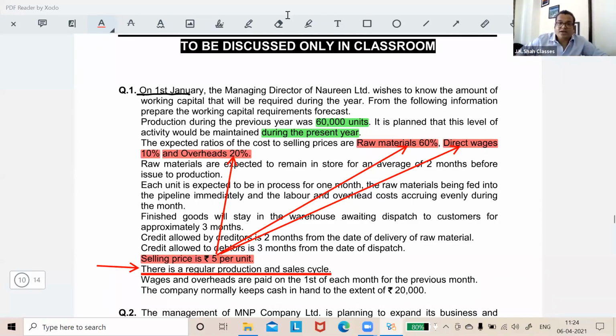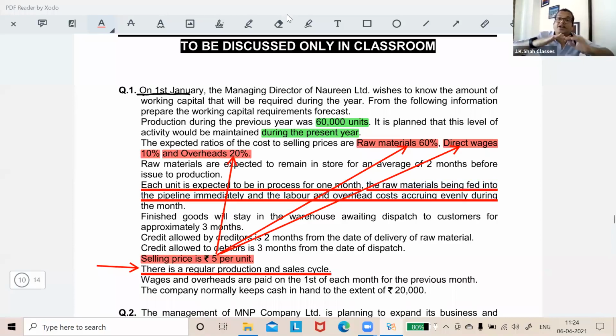Raw material to remain in store for average 2 months before issue to production. So in current assets, we will have raw material 2 months. Each unit is expected to be in process for 1 month. Fine. In that, the raw material is being fed into the pipeline immediately, guys. That means raw material 100%.